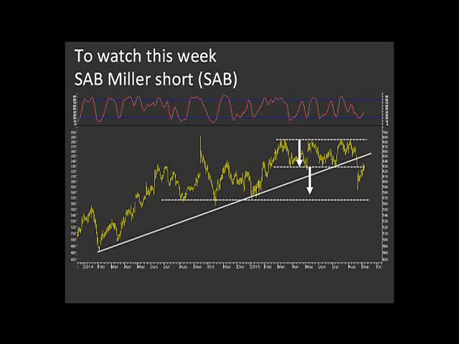So I think that's potentially where SAB Miller could go if it has another leg to the downside, which I suspect it will. And what I'm going to be looking out for here, because we haven't done the trade yet, but we're going to certainly watch this in the week ahead, is a potential reversal down from that area around 640, 650 Rand. If we get a convincing reversal from there, then I think that sets up the short, which could then begin the next leg to the downside.